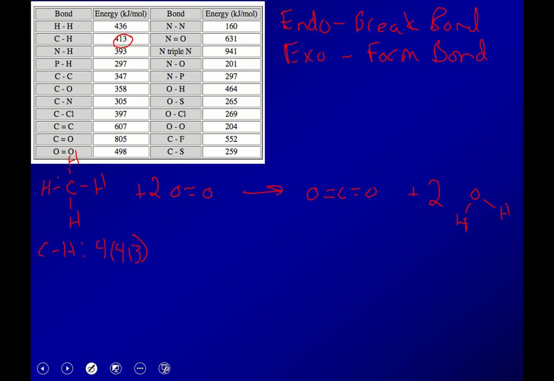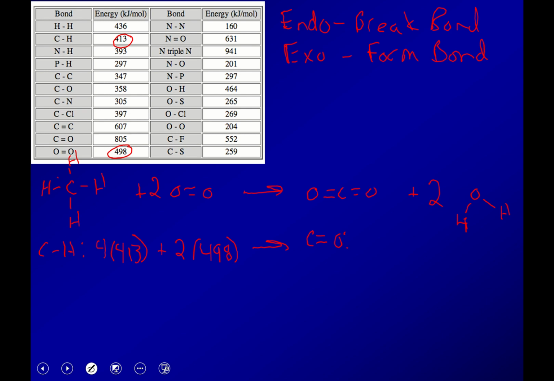And then let's move on to our oxygen double bond. We have 2 of those. We'll place our values in there: 498. And then let's do our carbon to oxygen double bonds.